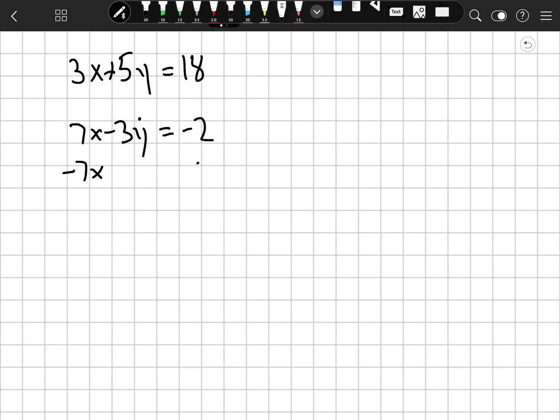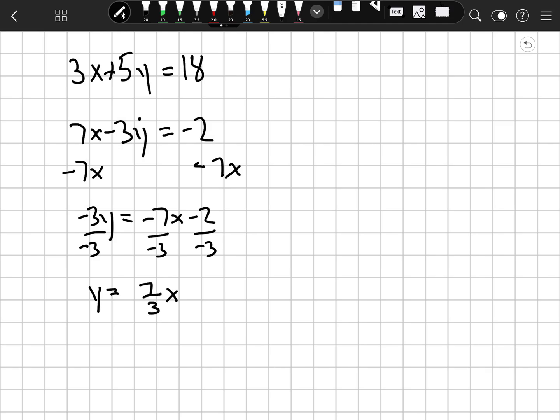I'm going to subtract 7x, and I've got negative 3y equals negative 7x minus 2, and divided by negative 3, and I've got y equals 7/3 x plus 2/3.